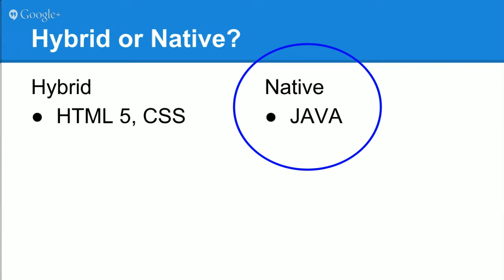So for people who are not familiar with, or have totally no idea about, the Java language, you tend to have knowledge in HTML5 and CSS, which is very common because of web development. You will tend to want to create a hybrid app.